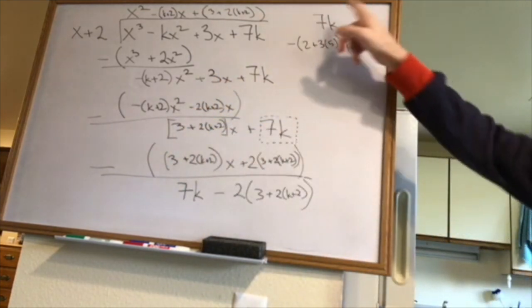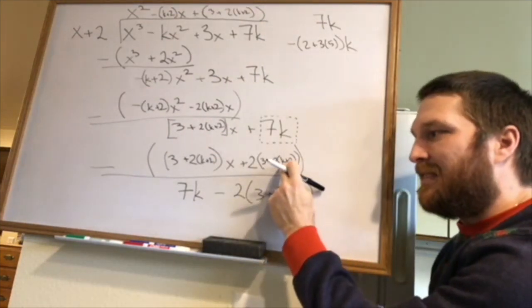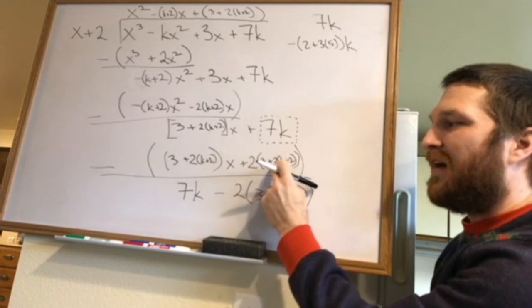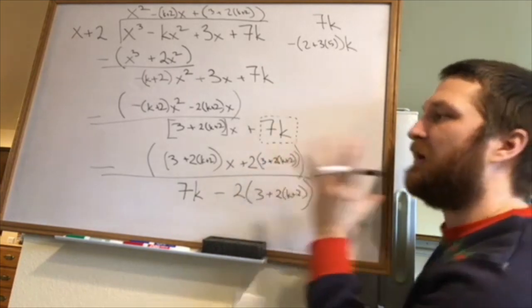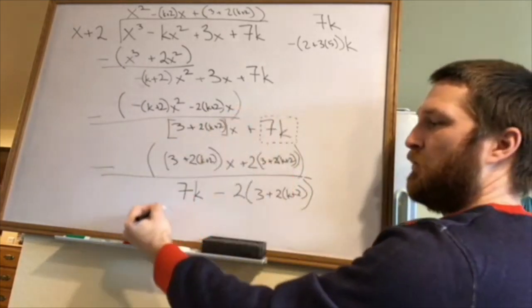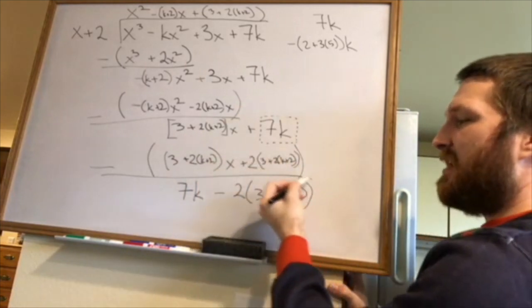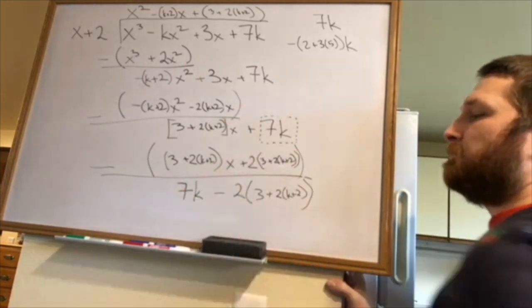We could do that with the k's. But in this case, since the k is buried inside there, we're going to have to simplify this another way. And the most straightforward way is to just say, well, it's whatever this number is, boom, that's the 7k, minus whatever that big number is right there, which is that guy.